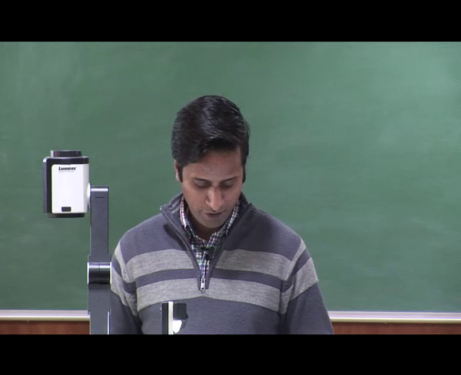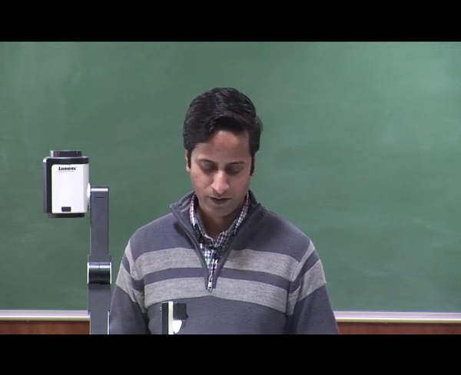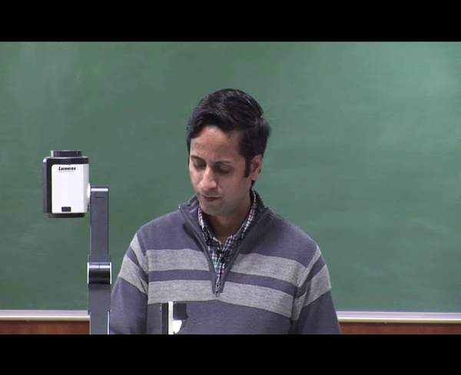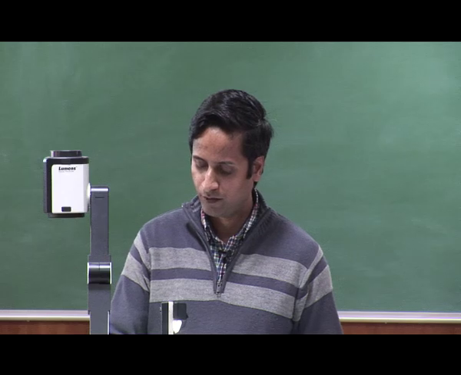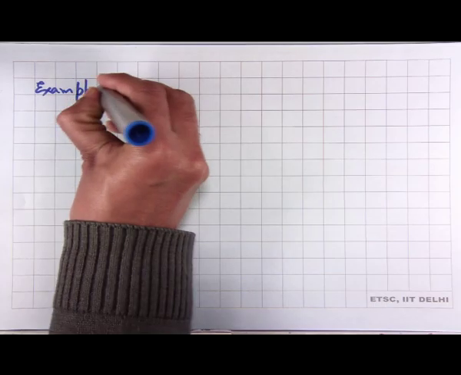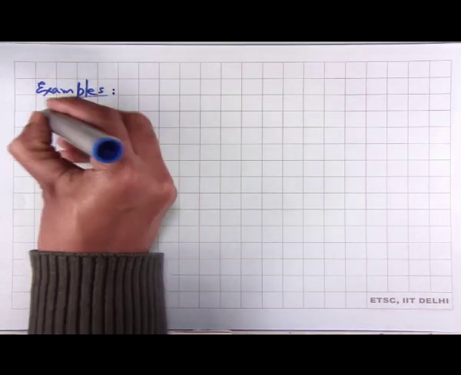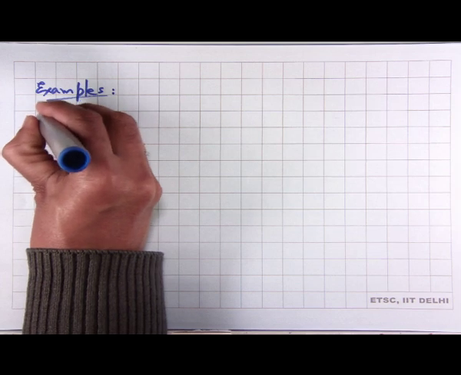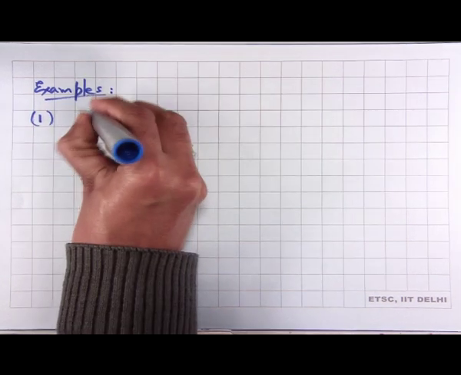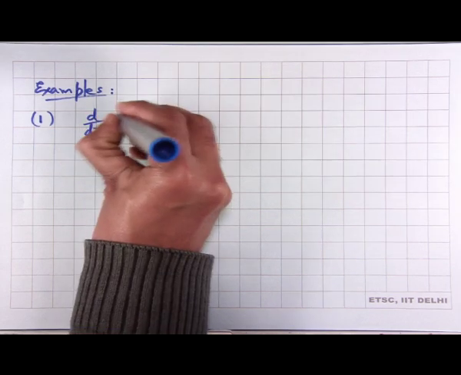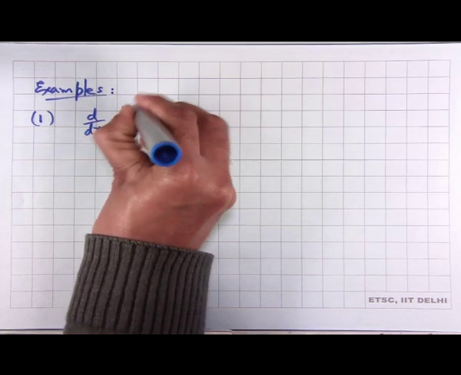Now, once we know the derivative of e to the x, we can try to calculate some derivatives involving the exponential function. What is d by dx of e to the power 5x?